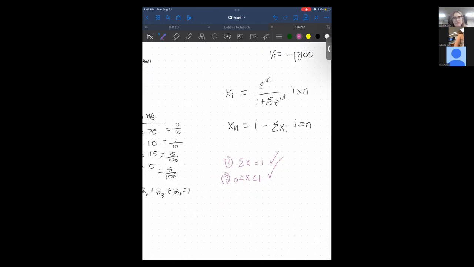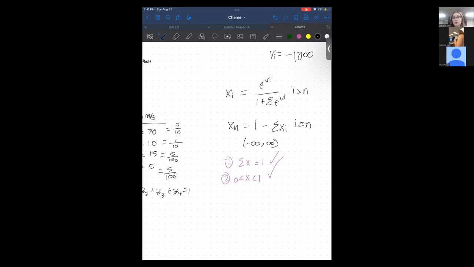So this is going to have a limitless range, from negative infinity to infinity, which is so much better than our original mole fraction because that was so limiting.